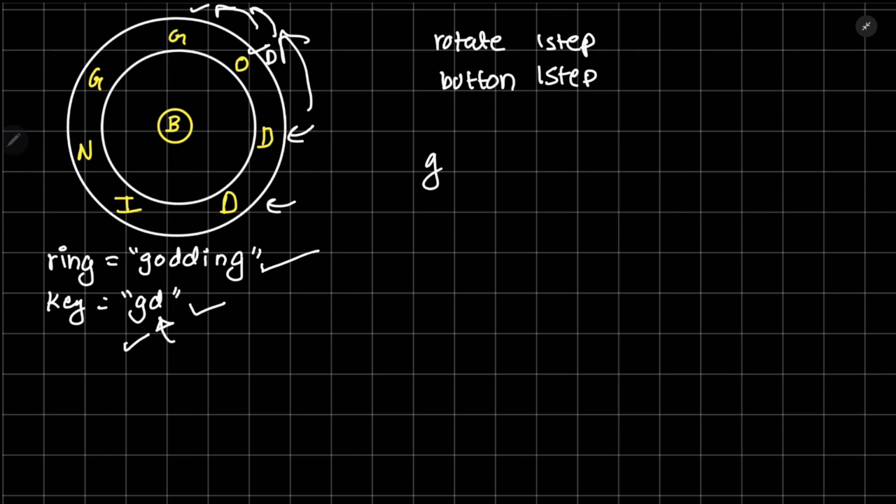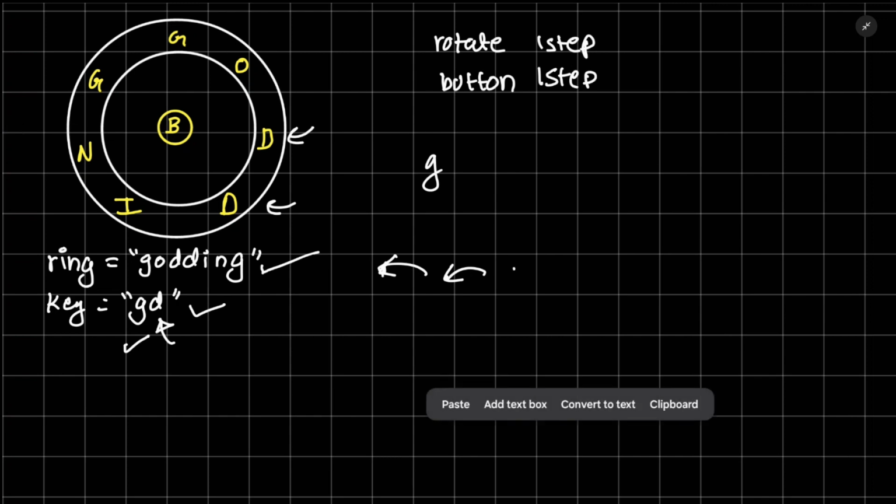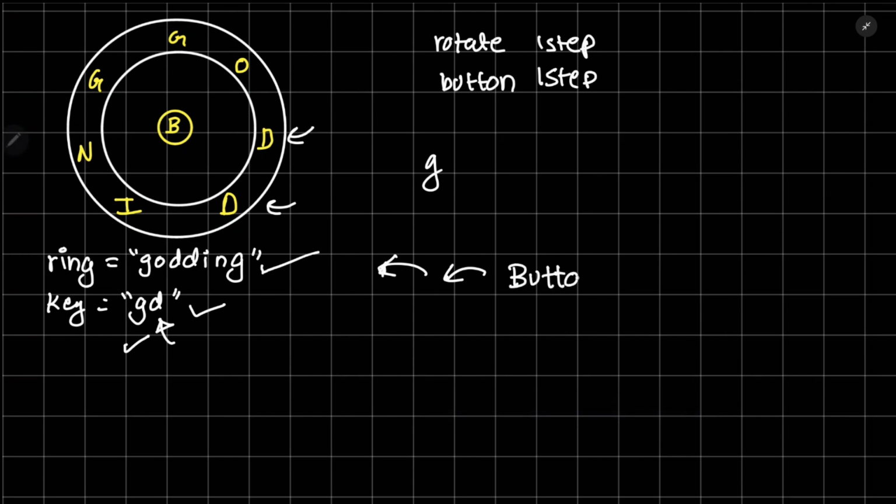So we rotate it anti-clockwise two times, and then we have to press the button to enter the key. So the third step is pressing the button. Our one step was taken by G and D is taking three steps. So the total number of steps required is 4, and the answer to this problem is 4.